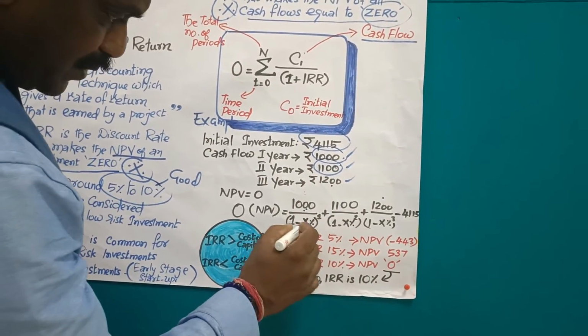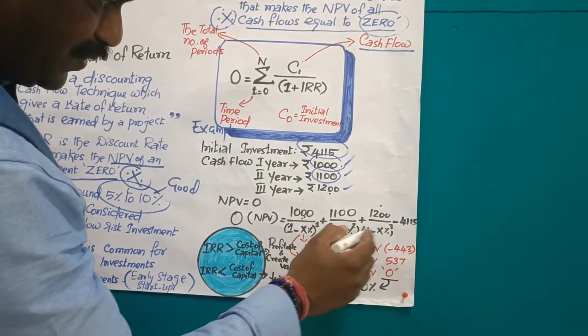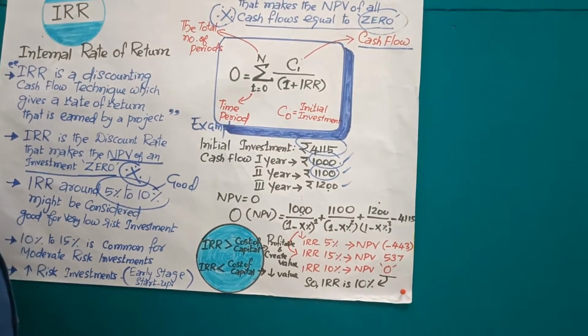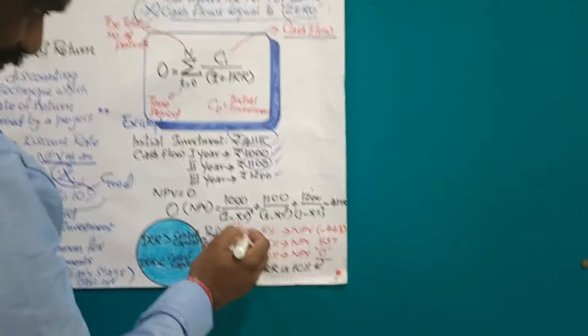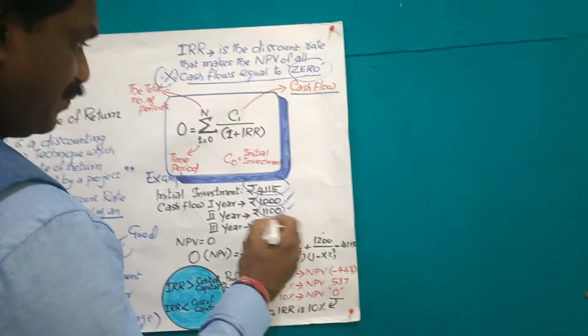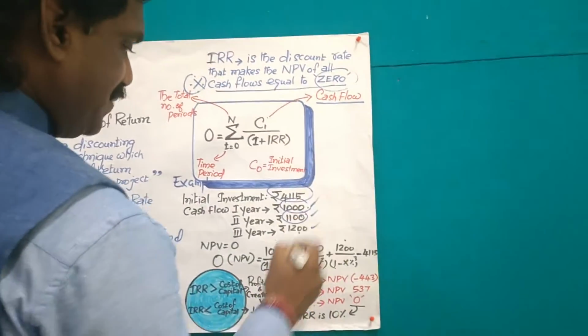We don't know the value for X, so let's assume it. If IRR is 5%, I am putting 0.05 here.